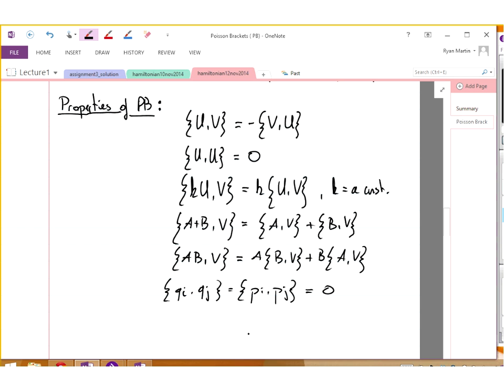However, if you take Qi with Pj, that's equal to delta ij. Delta ij, remember, is the Kronecker delta. That's equal to 1 if i equals j, and 0 if i is not equal to j.